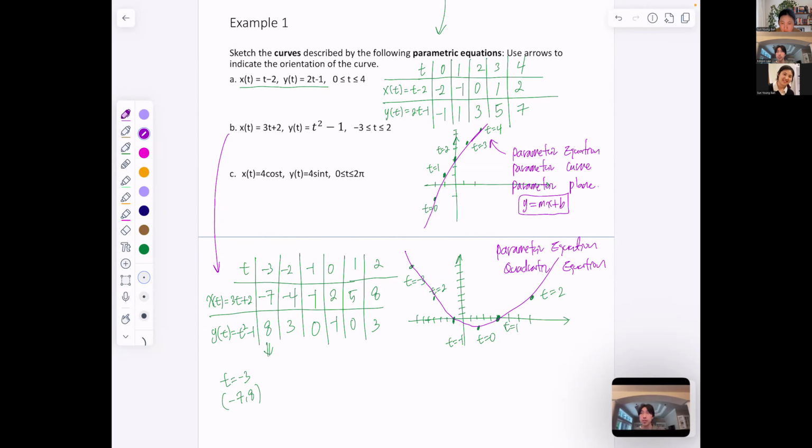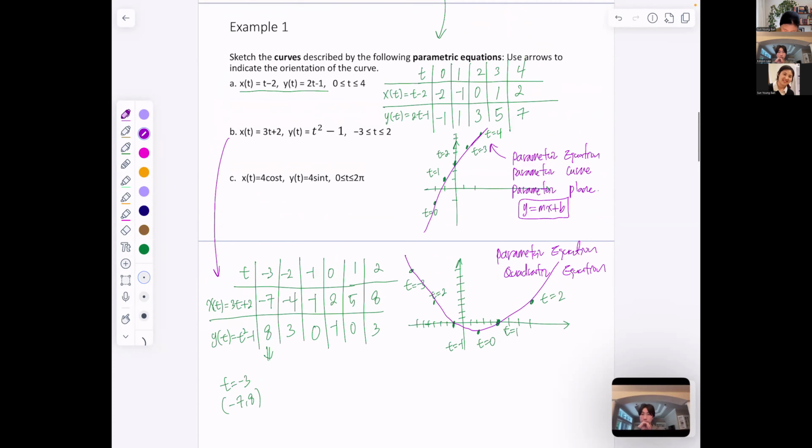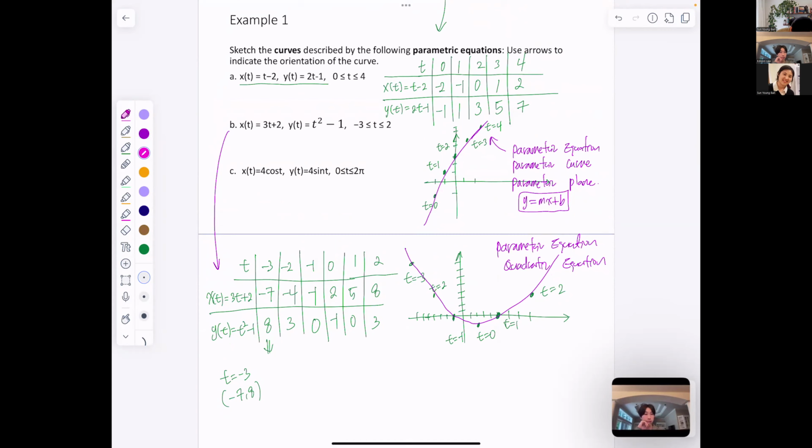Okay? So this is a very traditional way to find out the parametric equation, but I still didn't mention how to calculate what this equation is exactly, right? We found out in example A it's going to be linear, but I didn't calculate y equal to what?